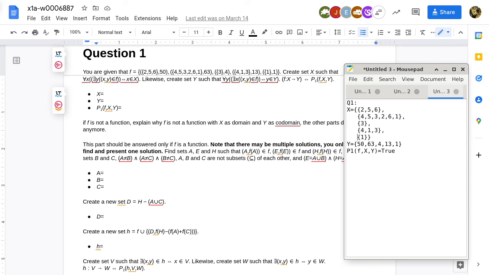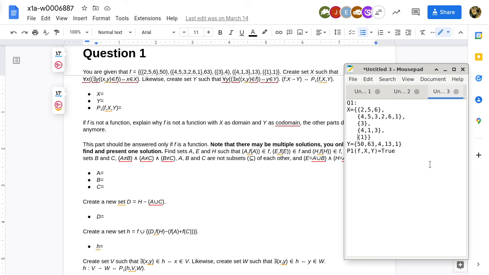Yep, go ahead. I think A is either the set of one or the set of three. Uh-huh. And then E would be the set of four, one, and three. Uh-huh. And then the H set is the biggest one. Yeah, right. Okay, that makes sense. So that answer makes a lot of sense.